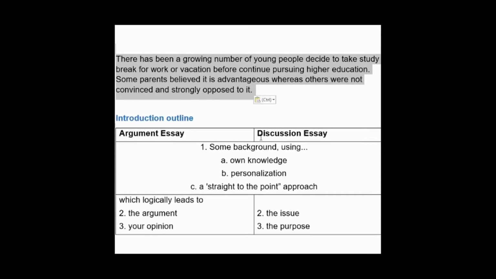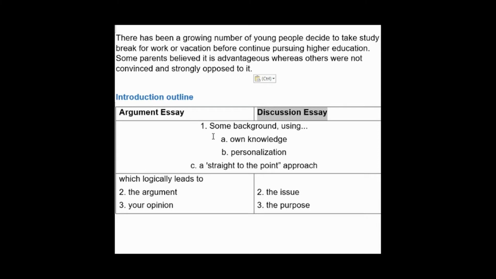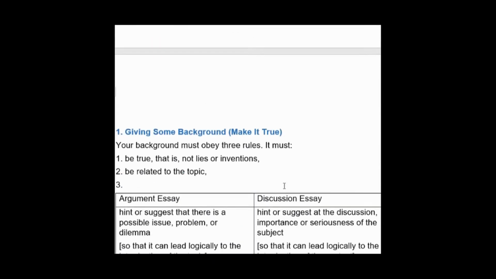because when we have a discussion essay that we need to write, our introduction should follow the following outline. It should contain some background using your own knowledge or personalization. You can also use a straight to the point approach, which I'm not going to talk about right now. And that logically is going to lead to the issue and the purpose of your essay.